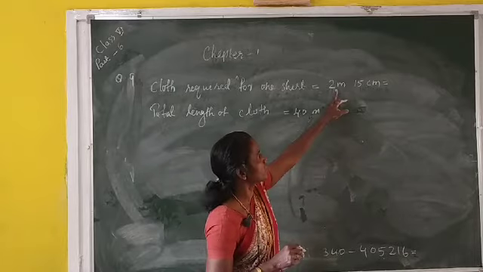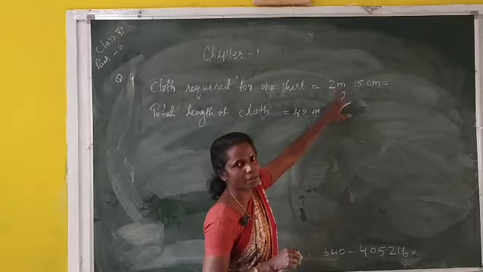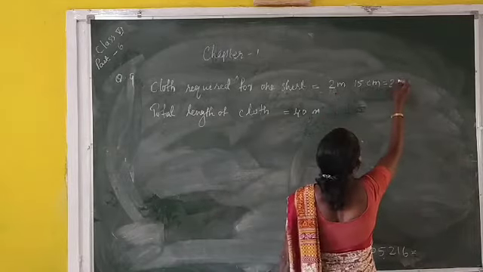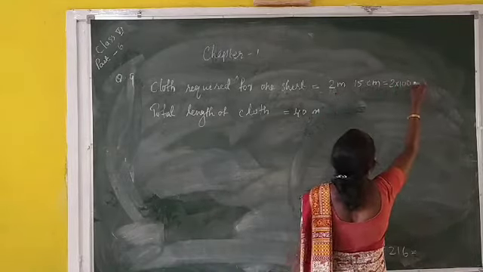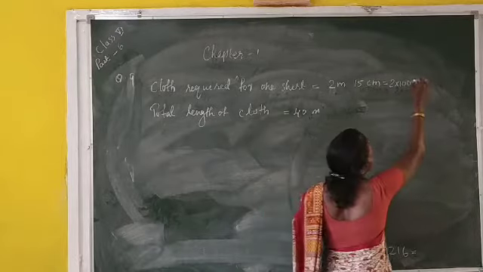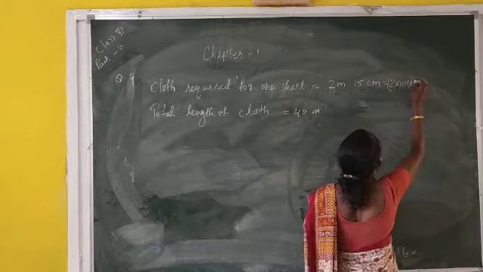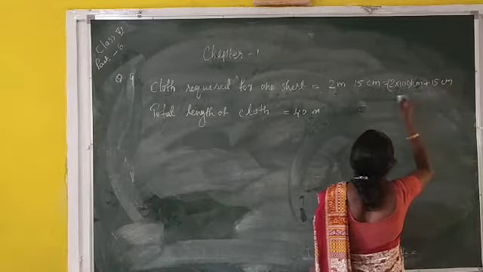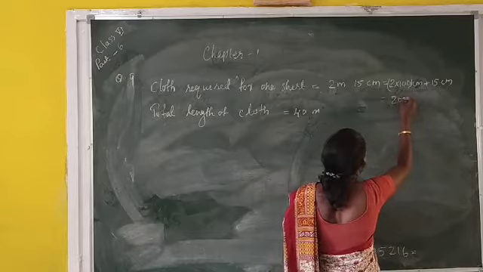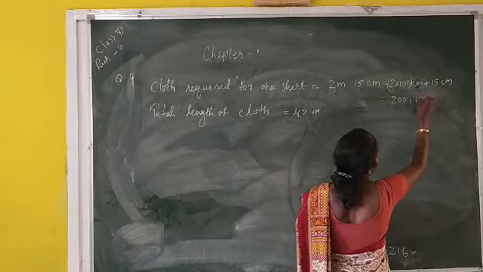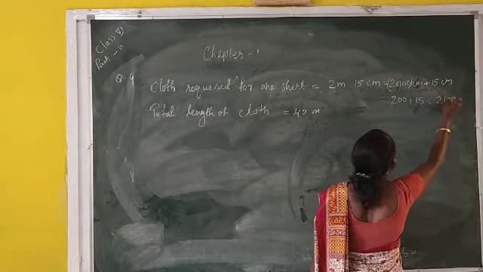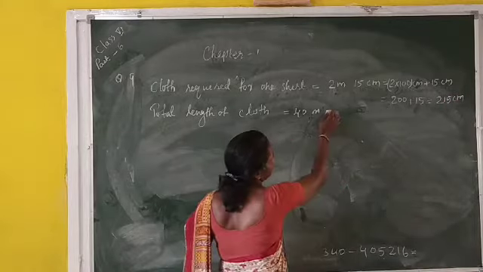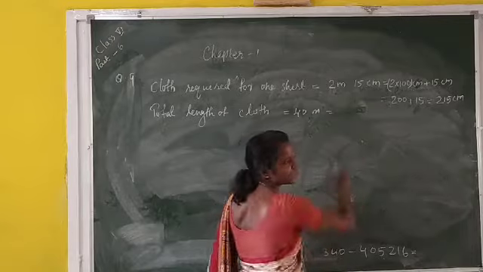So 2 meter is equal to 2 multiply 100. 2 multiply 100 is which number? 200, this is centimeter, plus 50 centimeter. So the answer: 200 plus 50 is equal to total 250 centimeter.